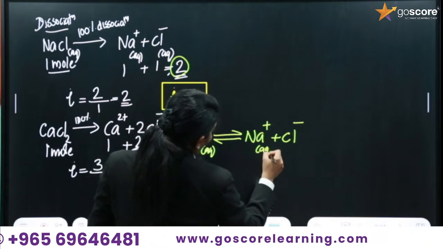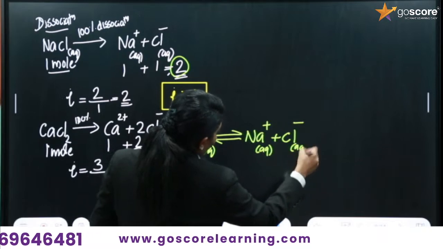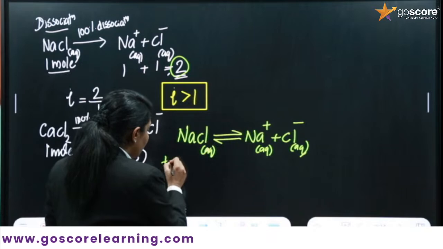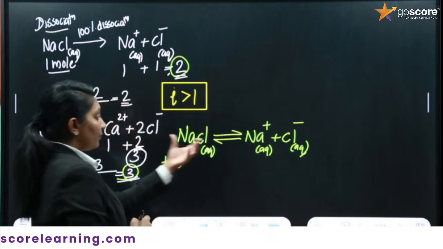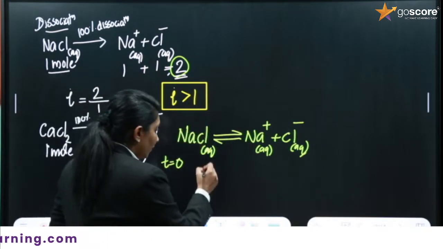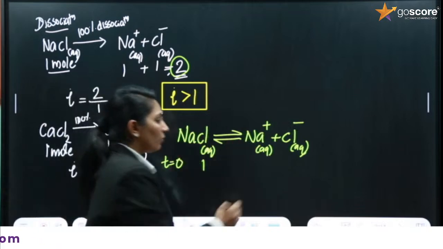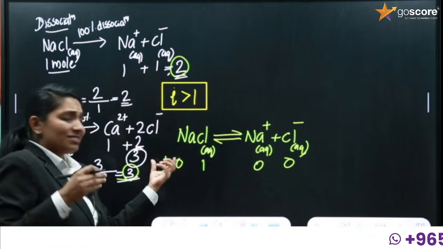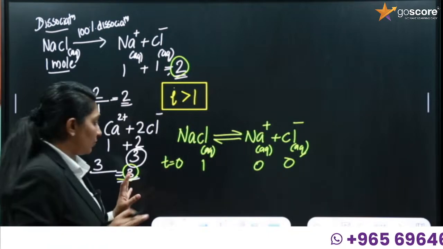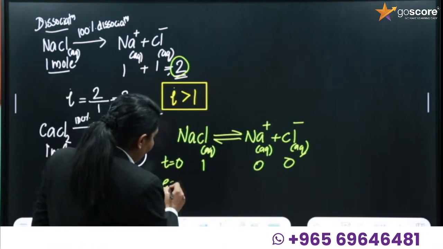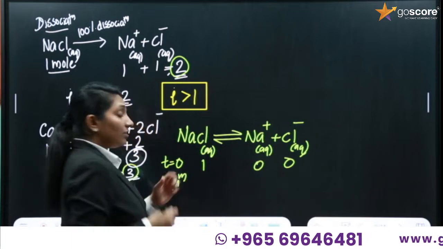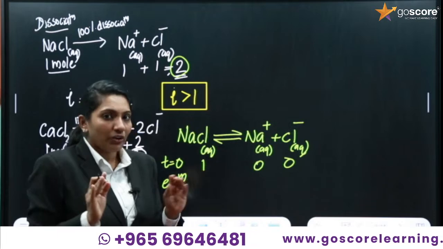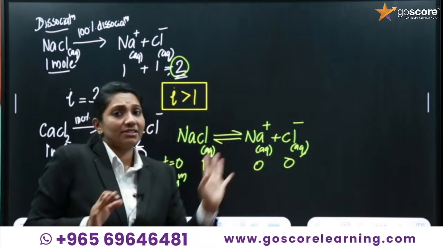At time t equal to 0, the number of moles of sodium chloride will be 1, and for the ions it is 0. There are no ions formed yet; it is just the time that we added the sodium chloride. Then what will it be at equilibrium? Here 100% dissociation is not occurring. Only a fraction of sodium chloride is dissociating.